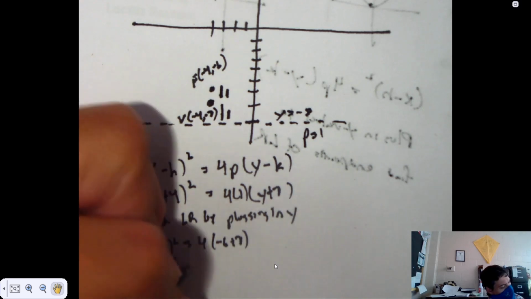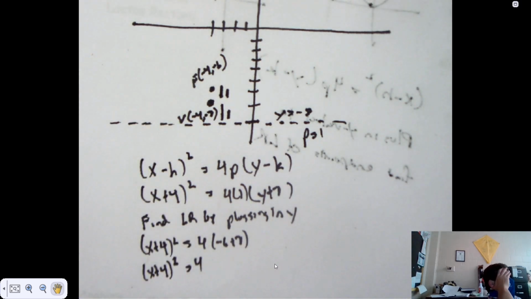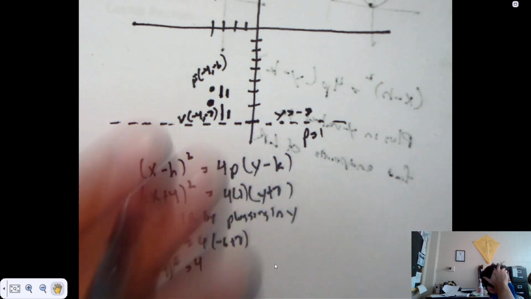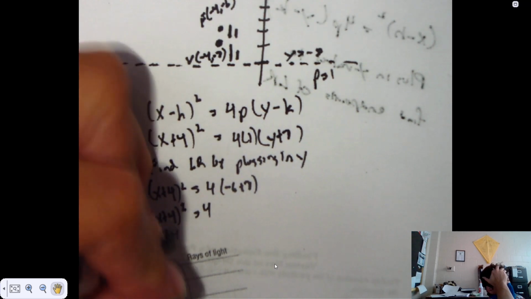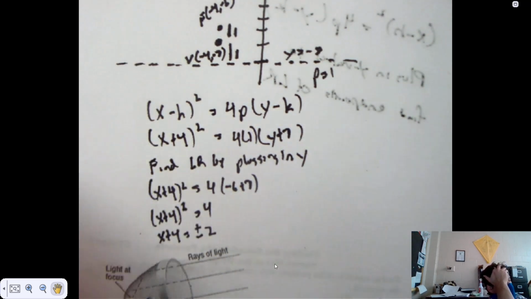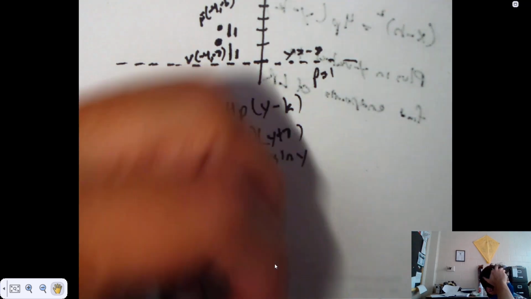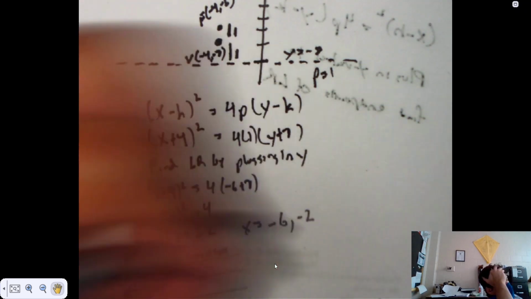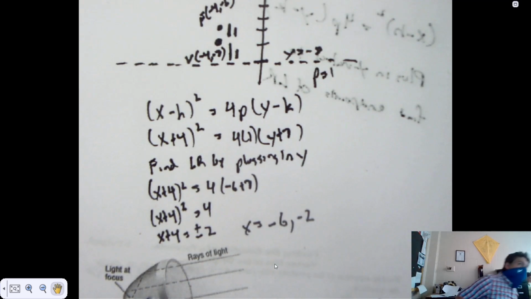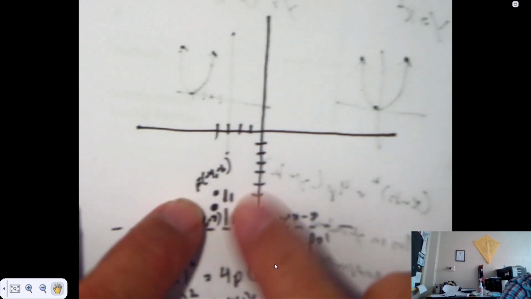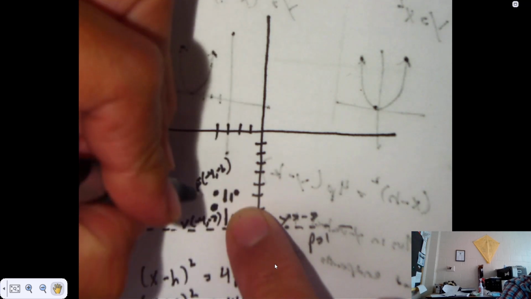It's 4, right? What's the square root of 4? Plus or minus 2. Alright, so we have 2 x values. What are they? -6 and -2. Go back to your graph. And we just got to stay right there lined up with the focus. We have something at -2 and we have something at -6.